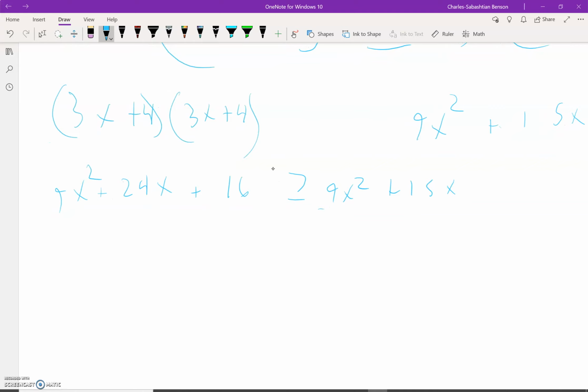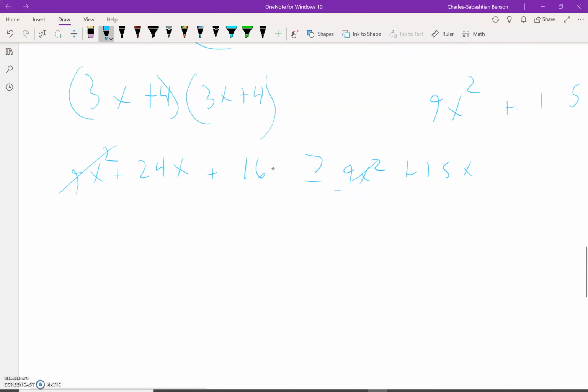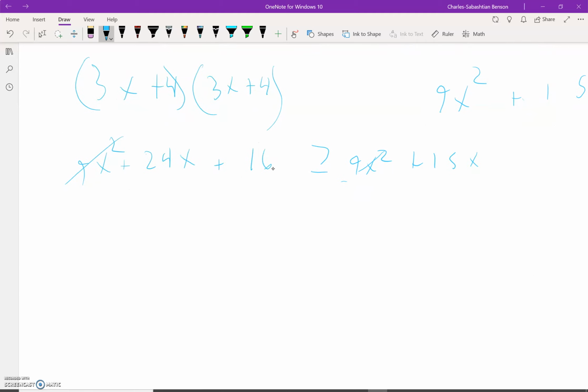Oh, you know these cancel out. So by subtracting 9x squared, 0. And then 15x, let's subtract again. 24 minus 15, 9x. And then minus 16 because there's nothing on this side anymore now. So 9x is greater than or equal to negative 16.